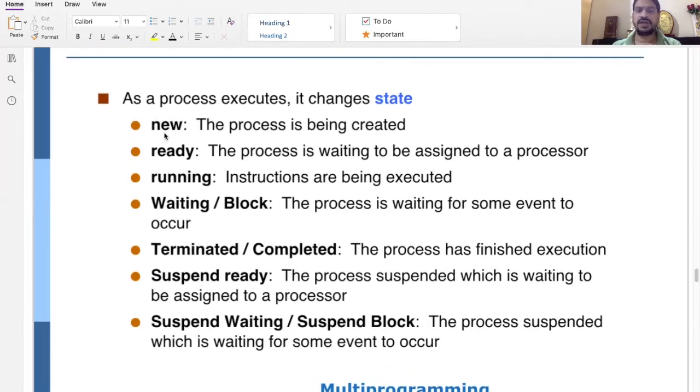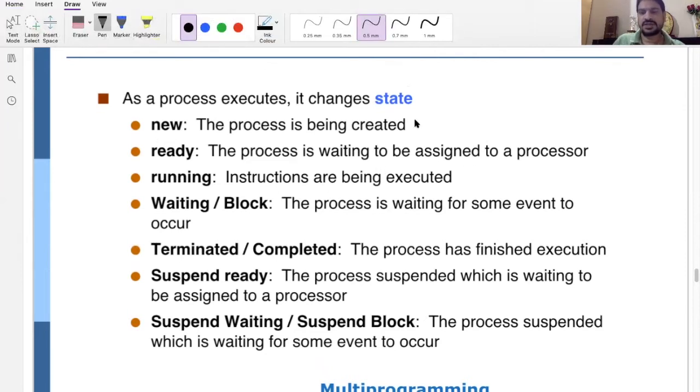New: when a process is in a new state, where is the process right now? The process will be there in the secondary memory. When the process is in the ready state, where will the process be?